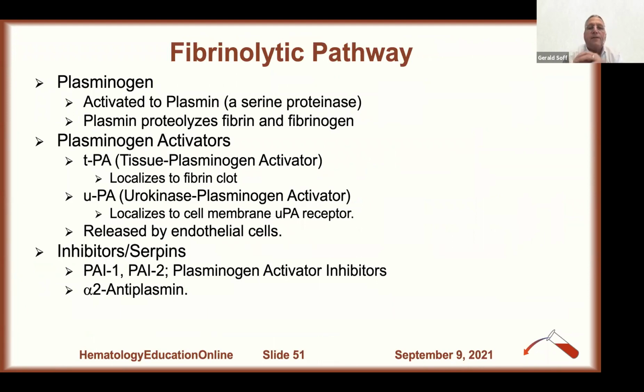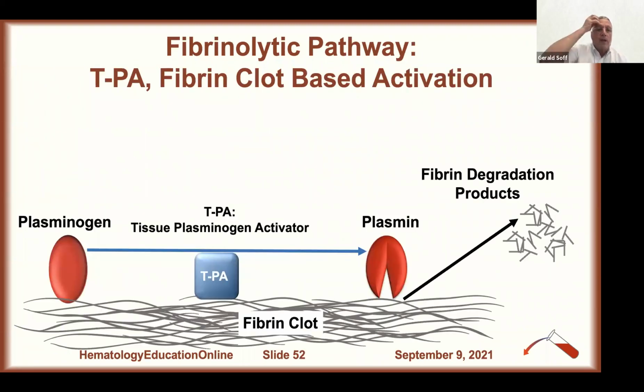The last of the physiologic anticoagulation processes affecting the clotting factors is the fibrinolytic pathway. And it has a range of components listed here, but again, we'll tease this out individually to help you understand it rather than just try to memorize everything. So this is the clot-based fibrinolysis that occurs. So plasminogen, this is an illustration, cartoon form, of a fibrin clot. So plasminogen can bind to fibrin.